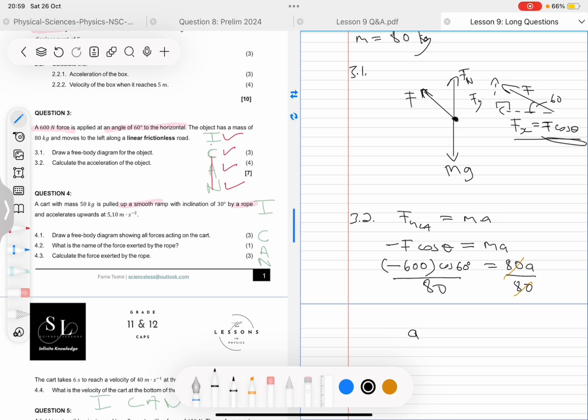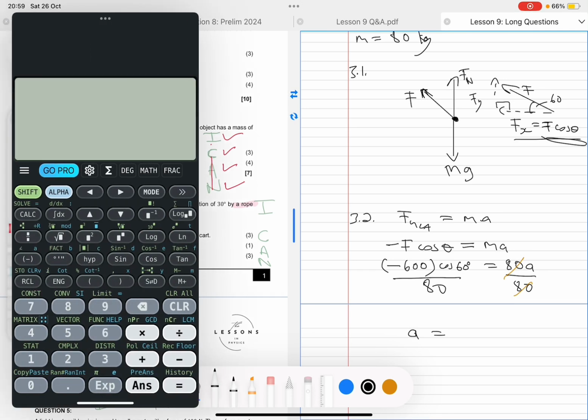So a is equal to, now I can punch this whole thing in my calculator: 600 times the cos of 60 divided by 80, and then this would give me negative 3.75 meters per second squared.